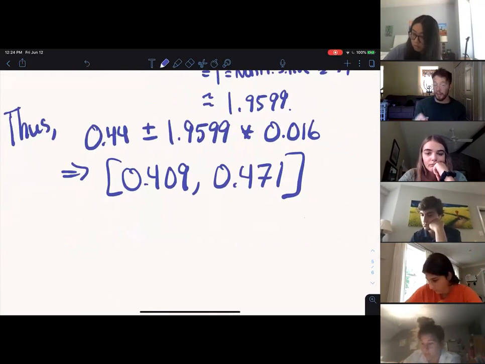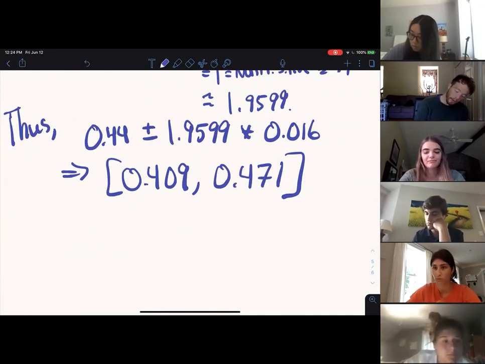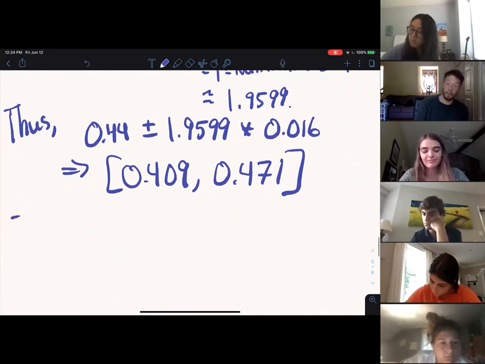It should have the same interpretation, but just as a reminder, I'm going to write a sentence interpreting what this means.